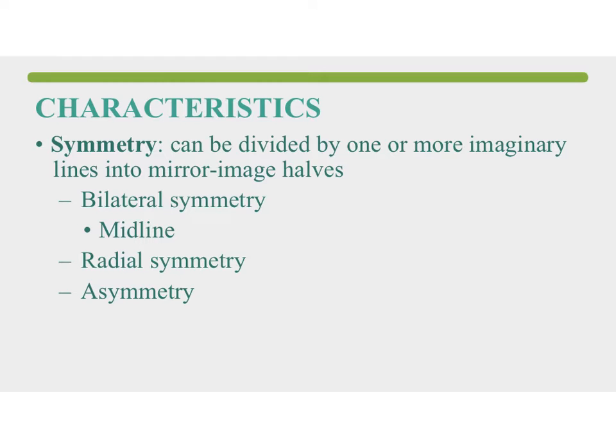Now let's talk about characteristics. So, symmetry. Symmetry means something can be divided by one or more imaginary lines into mirrored image halves.